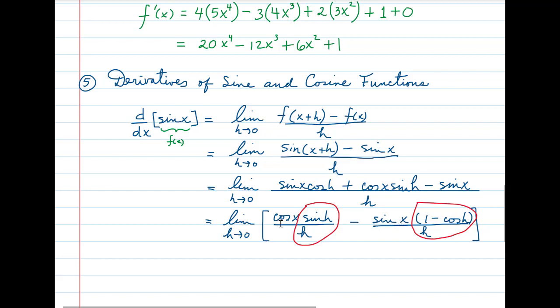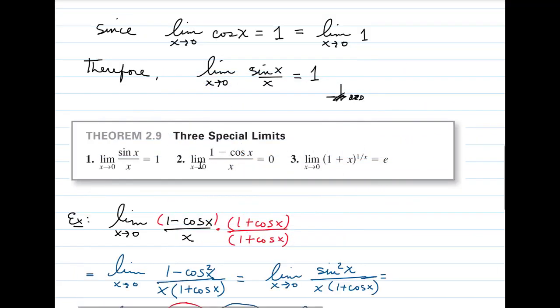Now there's no h in cosine x or sine x, so those are not affected by the limit. We can pull those out, but the ones that have an h happen to be those special limits that we discussed previously. So if you recall those special limits, the first limit, sine x over x as x goes to 0, is equal to 1. The second one, 1 minus cosine x over x, is equal to 0 as x goes to 0.